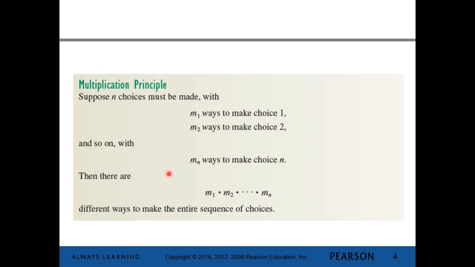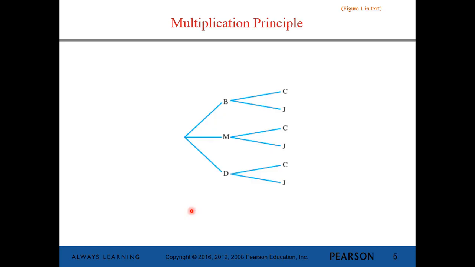Well, the fundamental counting principle says take all of the different ways that you could choose from each one of the n categories and multiply them together. That's it. And the answer will give you the total number of sequences you can have, the total number of ways you can choose those distinct objects.